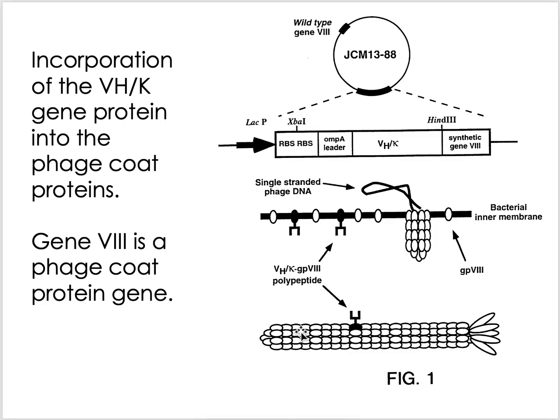In this way, we can express different antibodies in different bacteriophages. So we will have different phages which express different antibodies in their coat protein. That means we will get a library of bacteriophage.